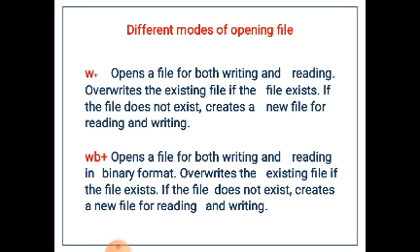WB plus opens a file for both writing and reading in binary format. It overwrites the existing file if the file exists, and if the file does not exist, creates a new file for reading and writing. But whenever you see B here, that is only in binary format.